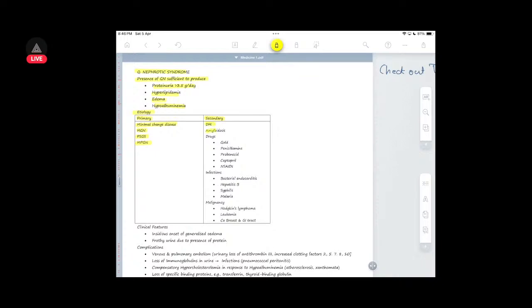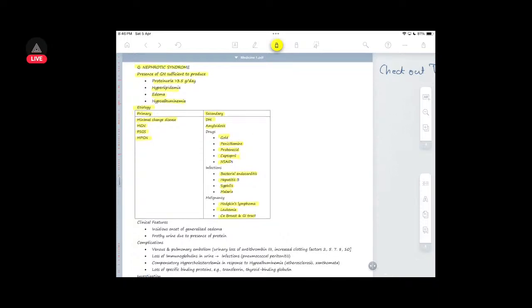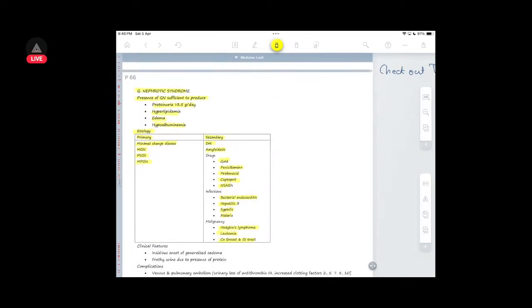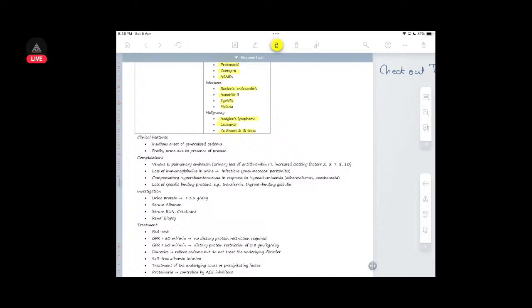Secondary: diabetes mellitus, amyloidosis, Hodgkin's lymphoma, leukemia, carcinoma of the breast and others, bacterial endocarditis, syphilis, malaria, gold, penicillamine, probenecid, captopril, and NSAIDs. All of them can cause secondary nephrotic syndrome.